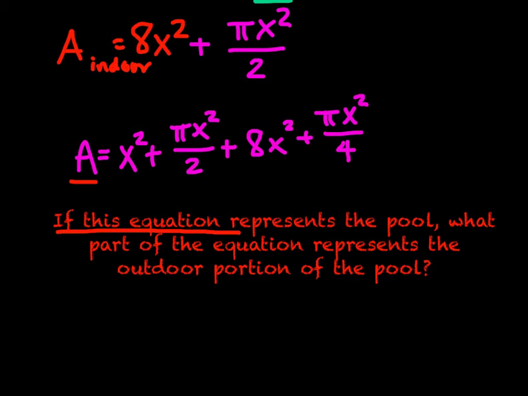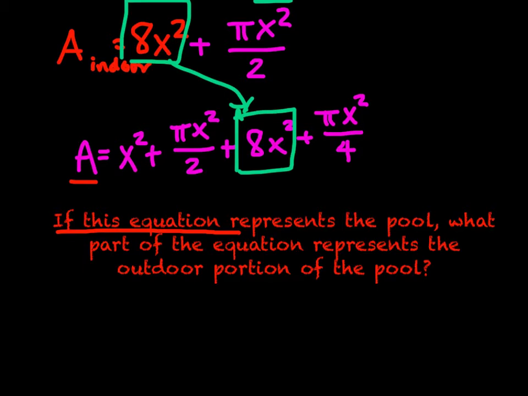Looking at this, we should be able to take out anything that's the indoor portion of the pool. So we're going to identify those parts. We have this 8x squared that we had before, and we can see that it is in that part of the equation. We also have pi times x squared divided by 2 as part of the equation.